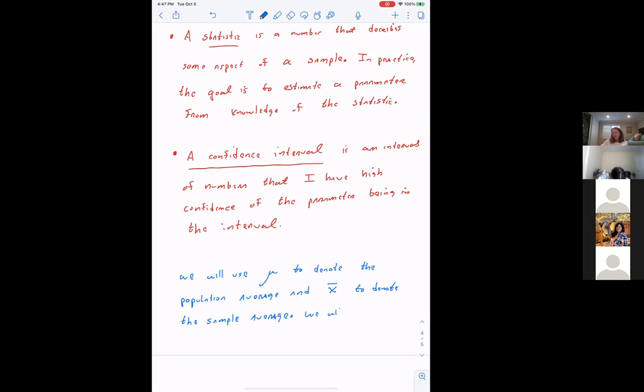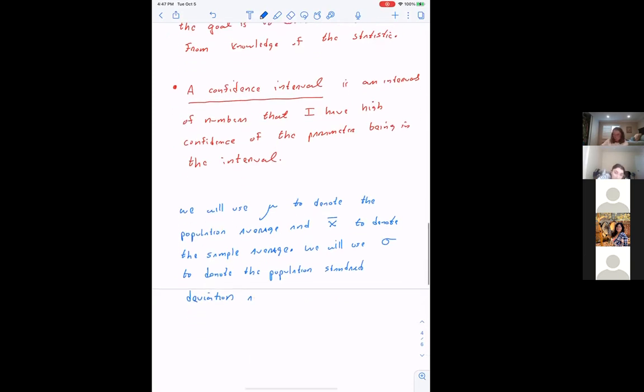We will use sigma to denote the population standard deviation, and S to denote the sample standard deviation.